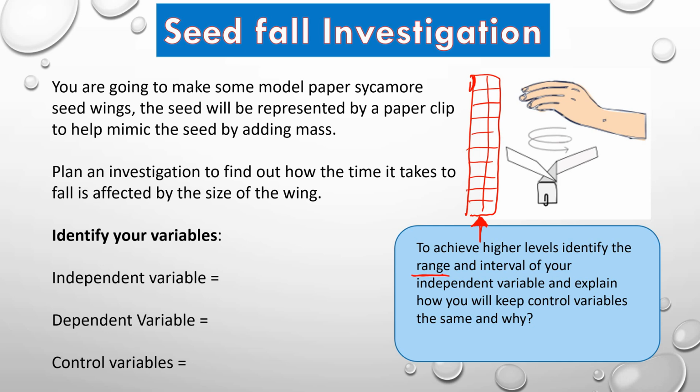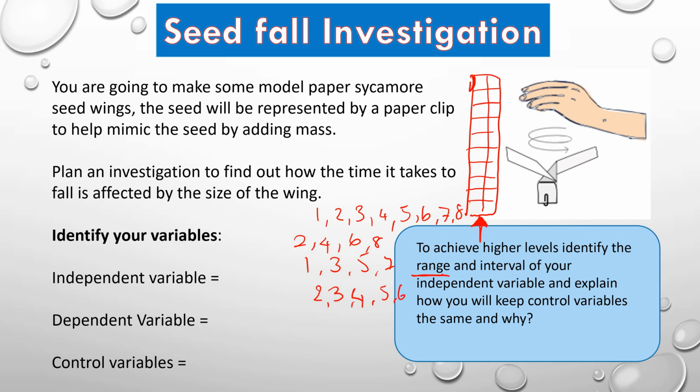Remember the range that you decided that you were going to change. Were you going to cut slits that were, for example, 1, 2, 3, 4, 5, 6, 7, 8? Or were you going to go up in your intervals of 2, 4, 6, 8 centimetres, or odd numbers, 1, 3, 5, 7, or some of the numbers in the middle, 2, 3, 4, 5, 6?